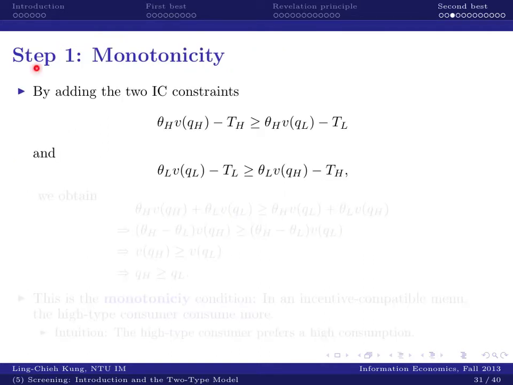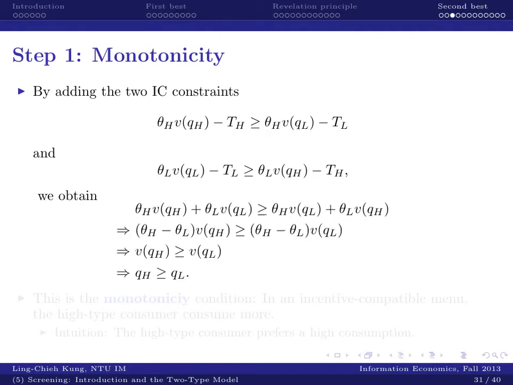So our first thing to analyze is called monotonicity. By observation, if we add the two IC constraints, this is ICH, this is ICL, what will we get?